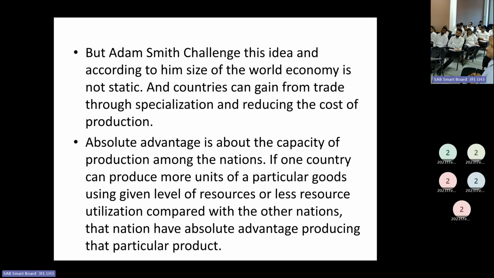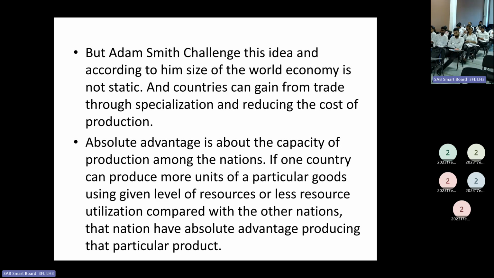That's why Adam Smith also criticized these mercantilist ideas, the static argument. He explained the economy is not static all the time, and countries should also gain by engaging in international trade through specialization. That was highlighted by Adam Smith.